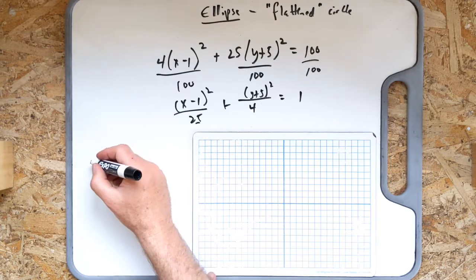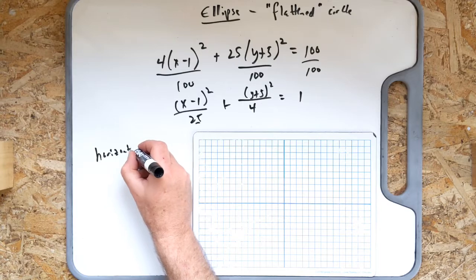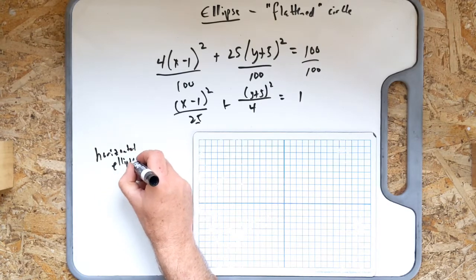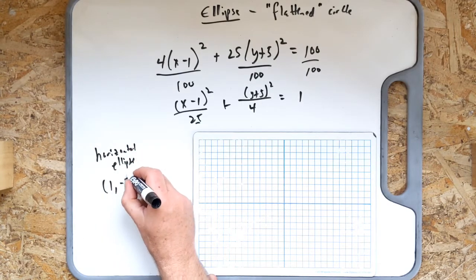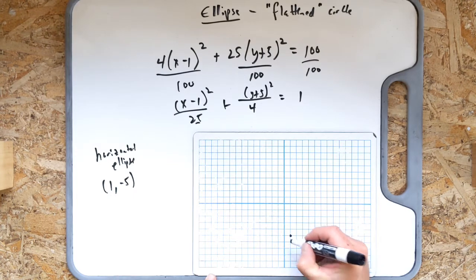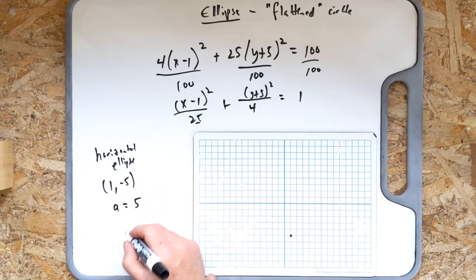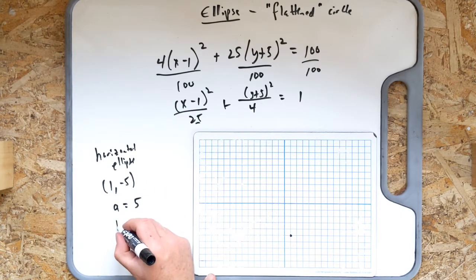So I can look at this and I know this number is bigger than this, so it is a horizontal ellipse. The center is 1, negative 5. I'll graph that. The x spread is 5, which is the larger one. The y spread b is 2, which is the smaller one.